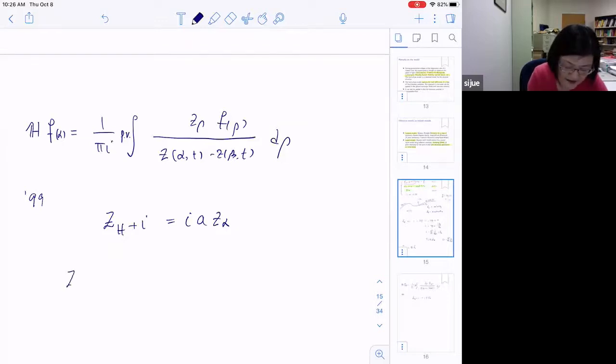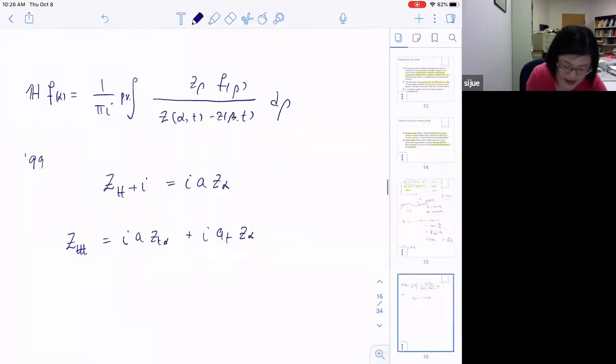So this is equal to iA Z_tα + iA_t Z_α. We move one term to the left, and these two terms will be the higher order terms, and the right hand side the lower order terms.